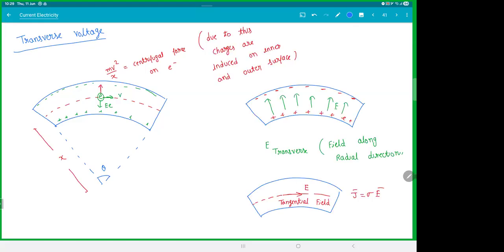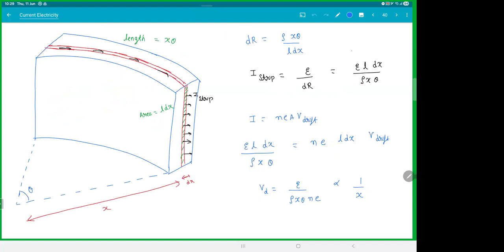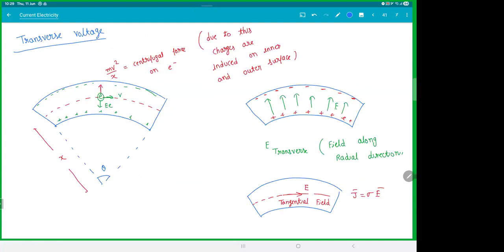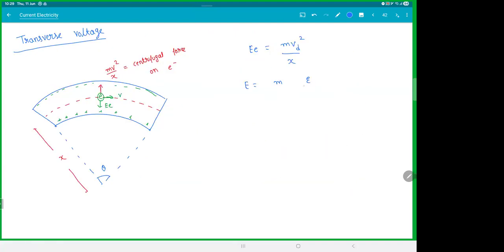What is v drift? E by rho x theta n e. So E by rho x theta n e, whole square, by x. So the electric field E transverse would be m E square by rho square theta square n square e square x cube.